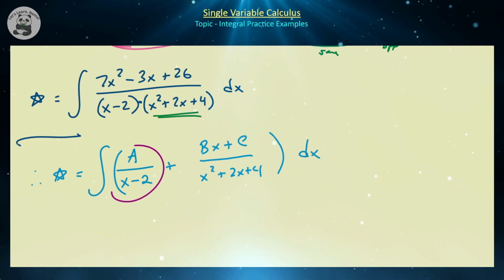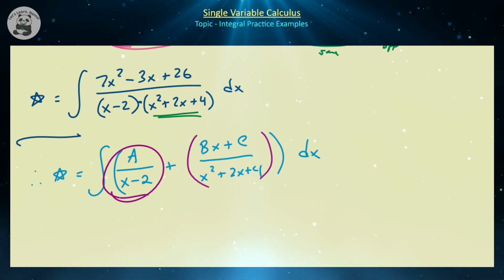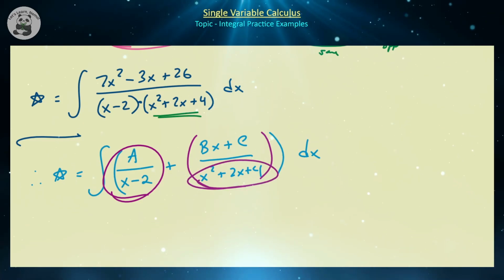So we already know what a divided by x minus 2 integrates into. That's just the natural log of x minus 2. And this we can break apart into 2 or just treat it as 1 and use that result that we just had for that x squared plus 2x plus 4 denominator, because that's practically what c over that term integrates to. And the bx over that term actually isn't too bad itself. So I invite you to try that on your own.